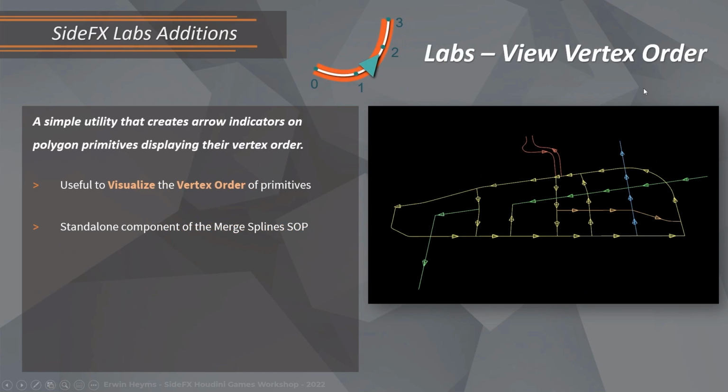And then finally, this one's called the View Vertex Order, and it basically just visualizes the direction of each curve. And it will create an arrow. It will place it in the center of all the points on a curve. And it's basically a standalone component from the Merge Splines node. So you can use this anywhere and quickly visualize your curve direction.